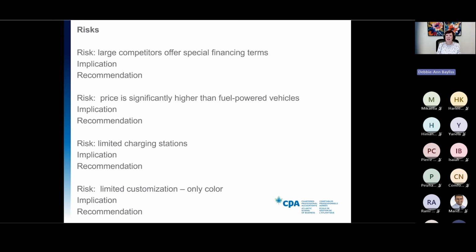Another is prices significantly higher than fuel-powered vehicles. Another, limited charging stations. And the last risk is limited customization, only color. So now I've already identified those appropriate risks and I need to come back when I create my response, turn that outline into a response, and input my implication and recommendation.